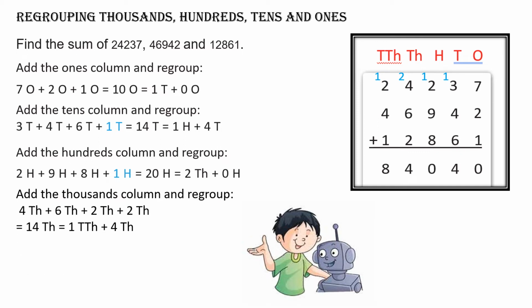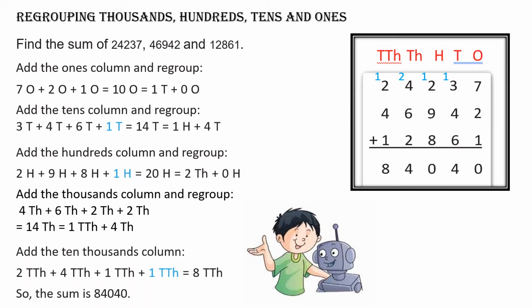And then add the thousands column and regroup. 4 thousands plus 6,000 plus 2,000 plus 2,000 will give me 14,000. So 4 in thousands place and 1 in 10,000s place.